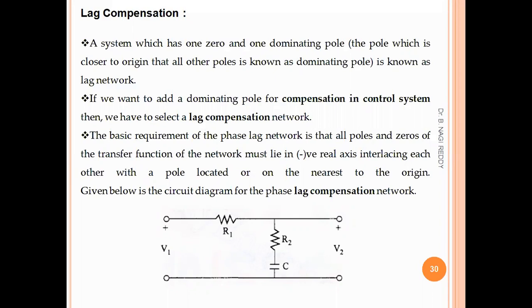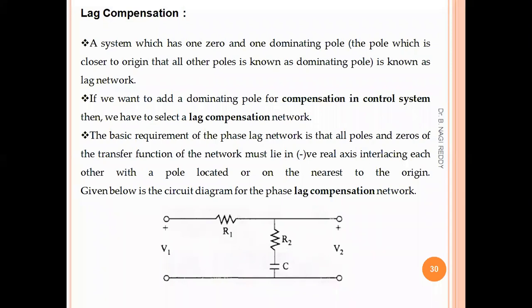In the previous video, we discussed lead compensation, where we have a pole and a dominant zero. The lag compensation will have one zero and one pole. Of course, the pole is a dominating pole here, that means the pole is very near to the origin.